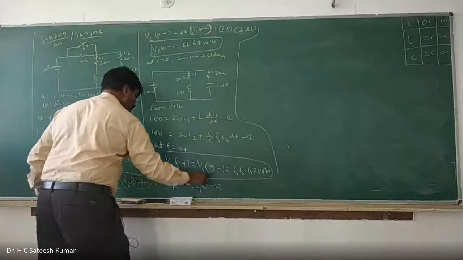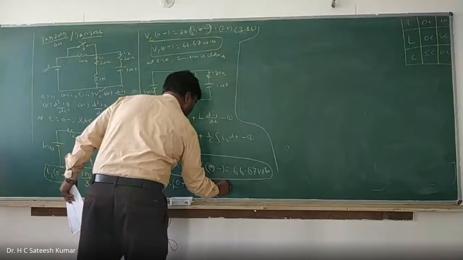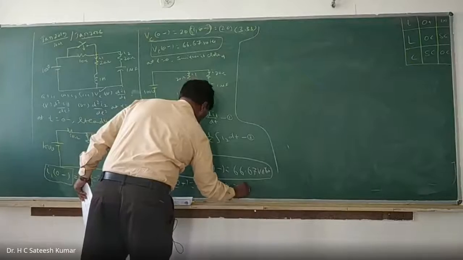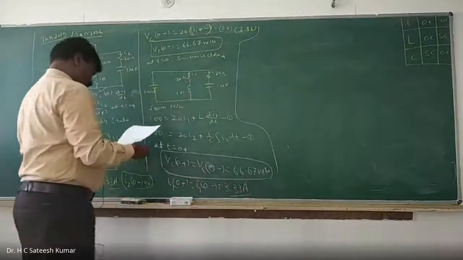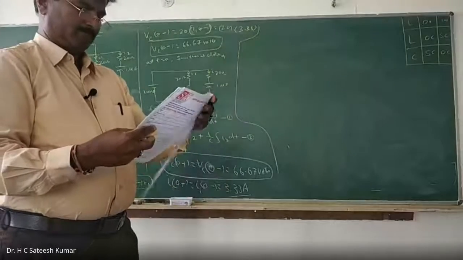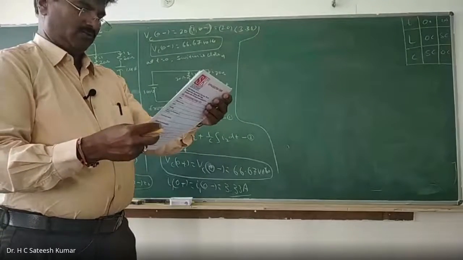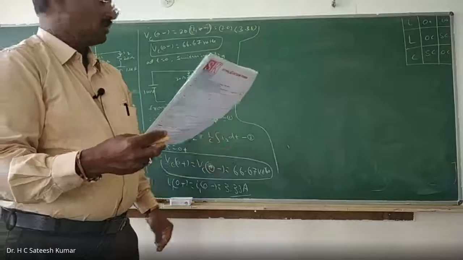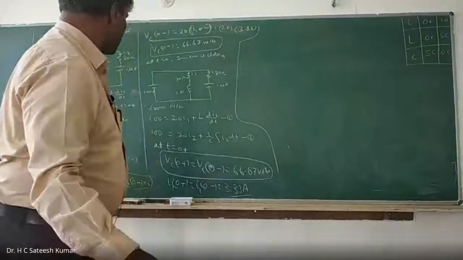So therefore, its value is equal to 3.33 amps. So we got that I1 value. Next, we shall go for I2. We shall calculate.